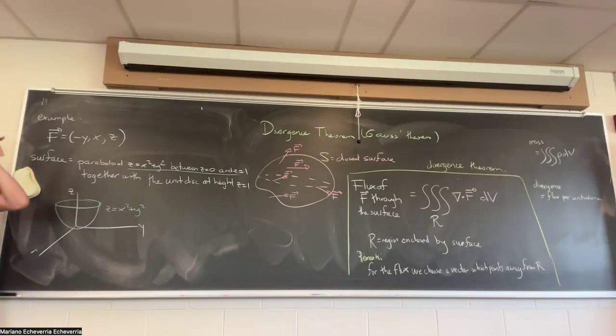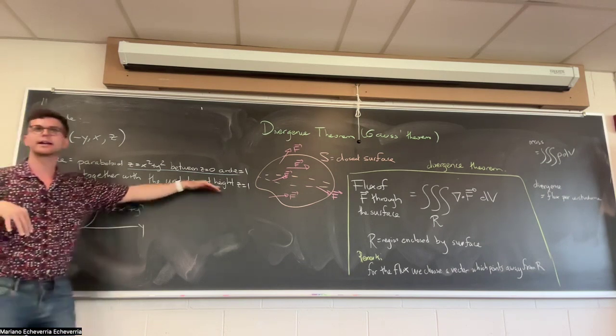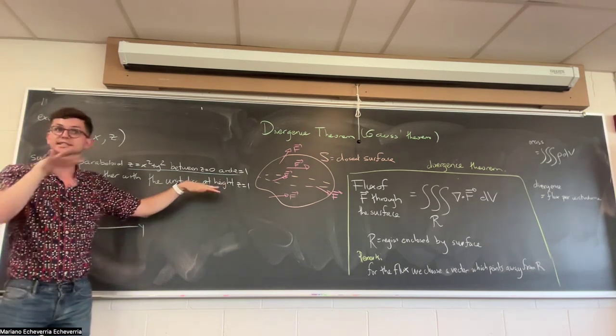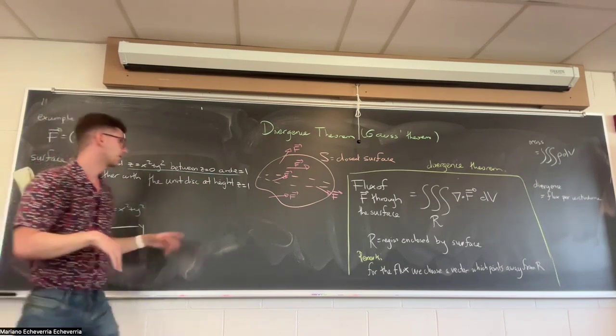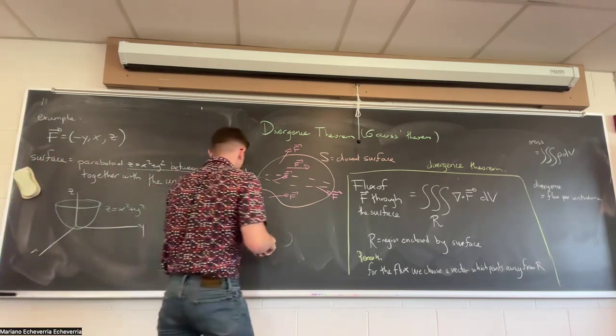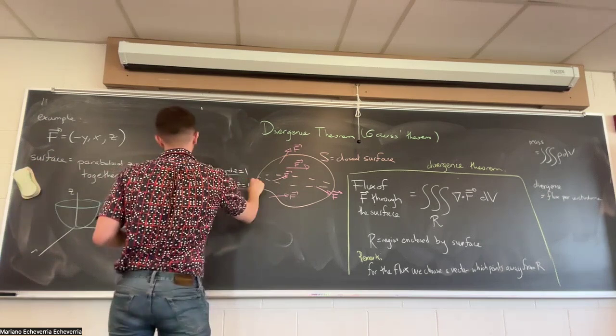So to close it off, which is what we started talking about earlier today, I'm going to put a disk at the top of it, at height 1. Here I have the disk at height 1.